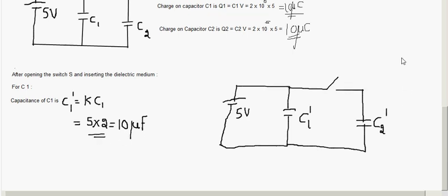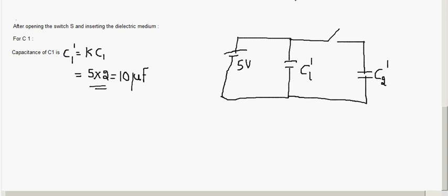Now the voltage across C1 dash is 5 volt itself because it is connected to the battery.